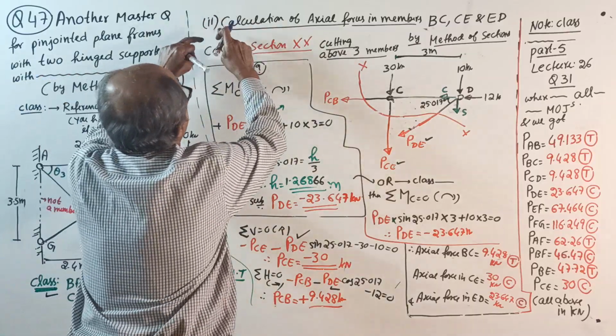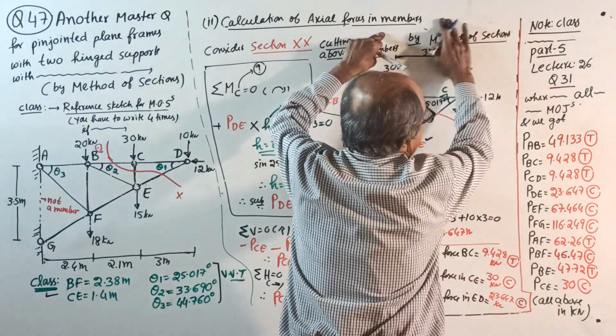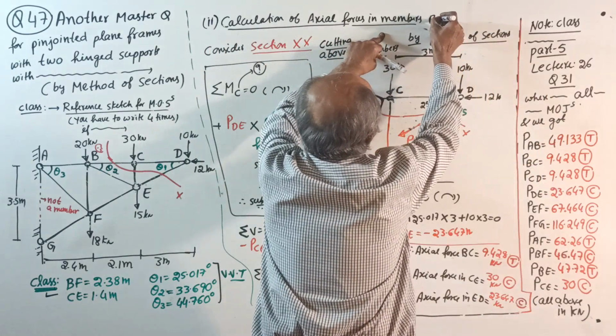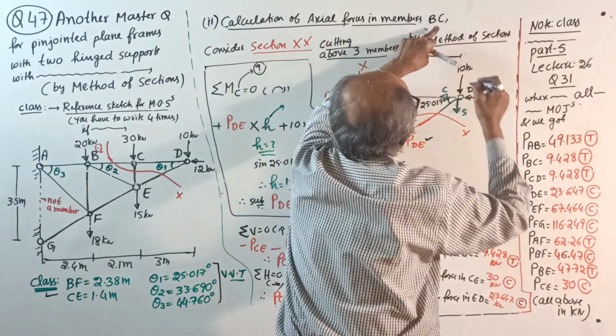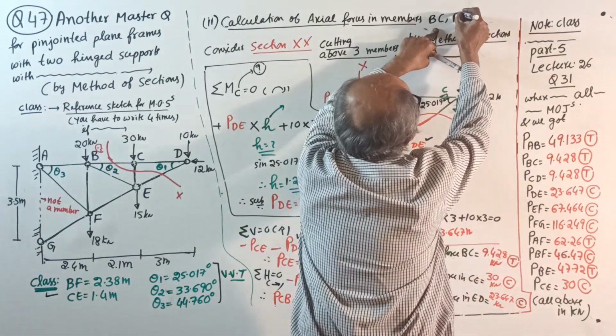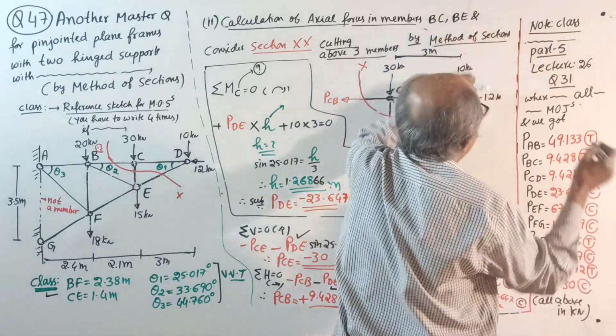Question 2: calculation of axial forces in the members BC, BE and one more, EF.